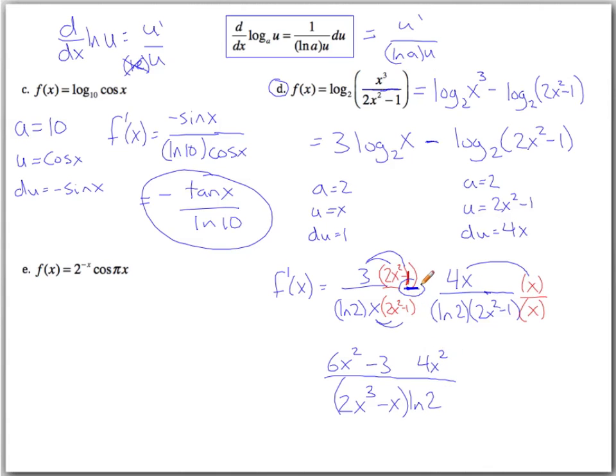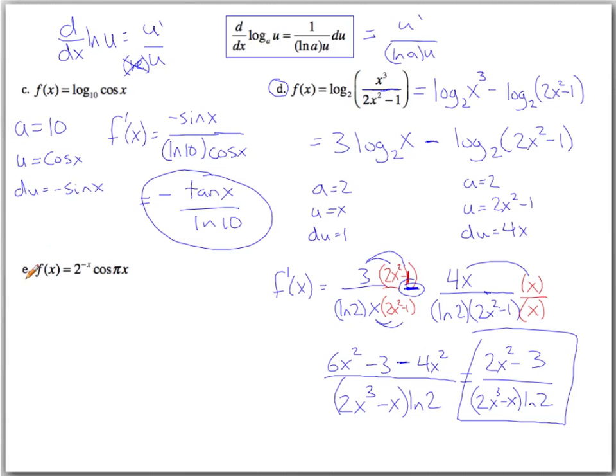And remember, we have subtraction here, so we're going to subtract that, which equals 2x squared minus 3 over 2x cubed minus x times the natural log of 2. And there's our final answer. Okay, so make sure you apply your properties of logs here and then differentiate and put them as a combined fraction here.